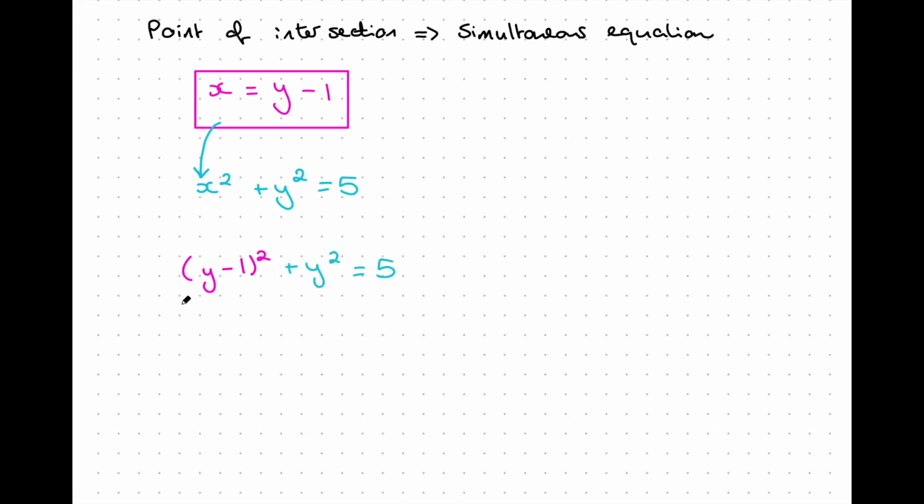I'm going to square that out, and I'm going to be super careful squaring that out so that I don't forget anything. It's going to be the first one squared, the product, which is going to be minus y by 2. So it becomes minus 2y, and square the last one, which is going to give us plus 1. I can then fill in the rest of it here. So plus y squared is equal to 5.